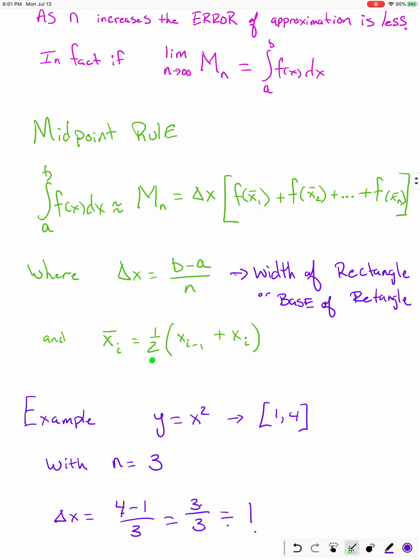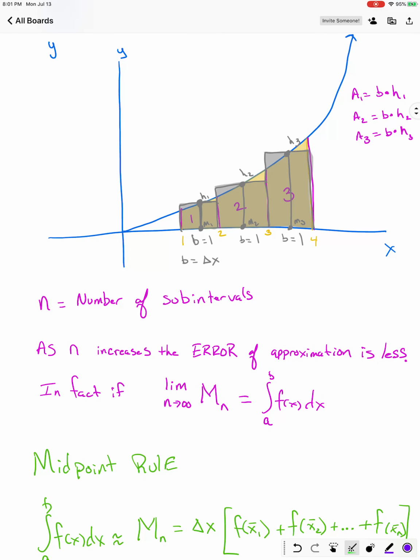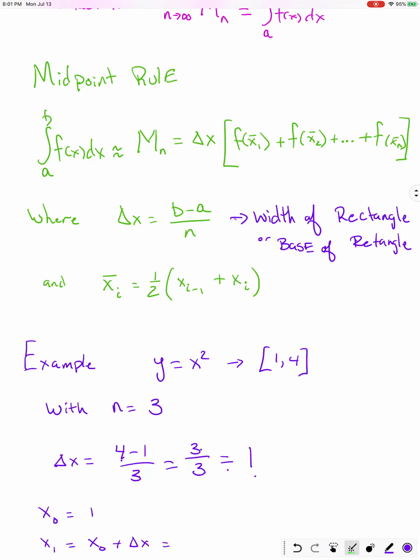Well, that's 1/2 the end values. So the midpoint is halfway between: sum up the end values and divide by 2. And it gets this notation of x bar because that's a math notation for the standard average. So I add two things together and divide by 2.